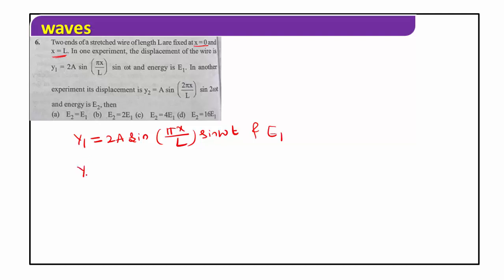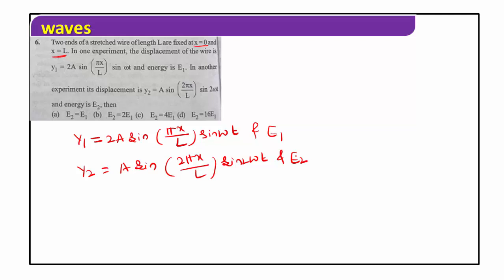And in another experiment, y2 equal to a sine 2 phi x divided by L into sine 2 omega t, and energy E2.